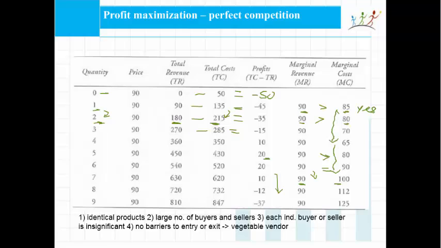So an entrepreneur should always keep producing to the point where the marginal revenue equals the marginal cost, regardless of the market structure he is in.